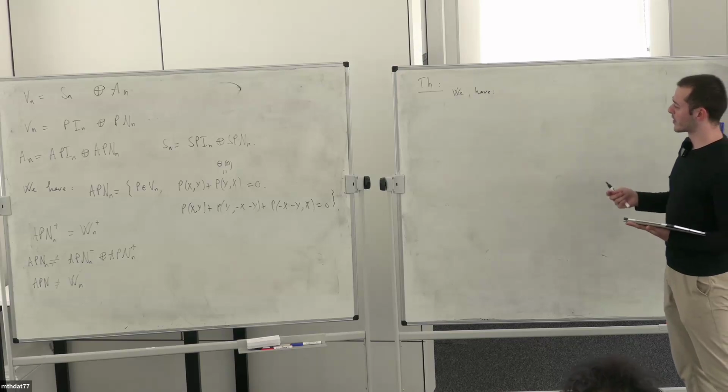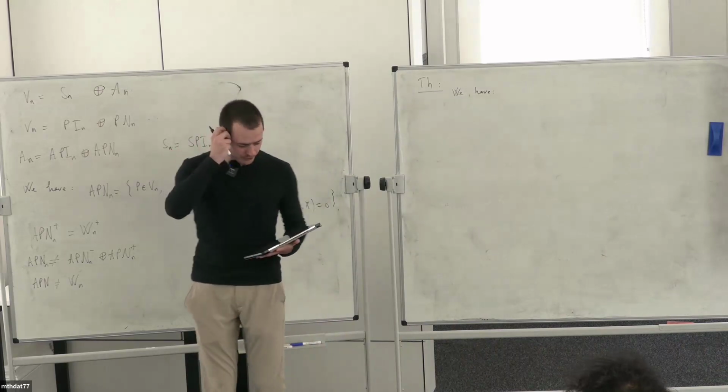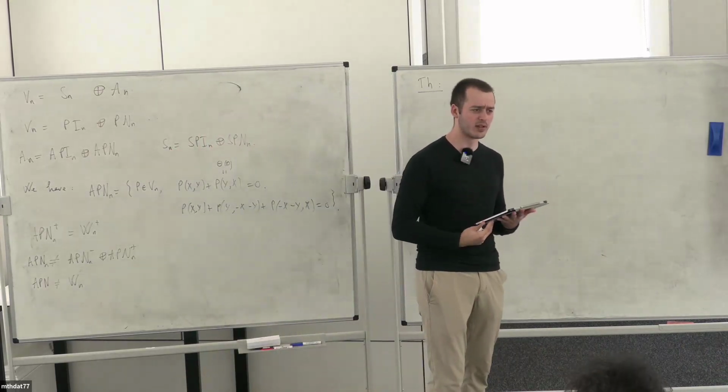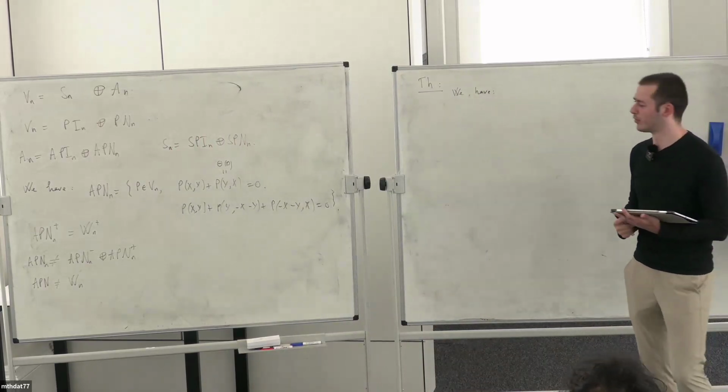For example, let me state that API n corresponds to LS2 n plus 2, actually, I think. Yeah, n plus 2 in Ecalle's theory of moulds.